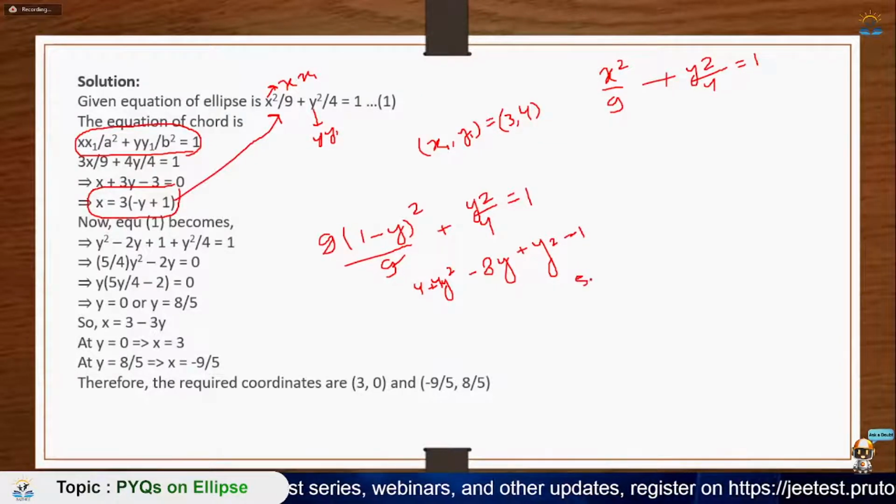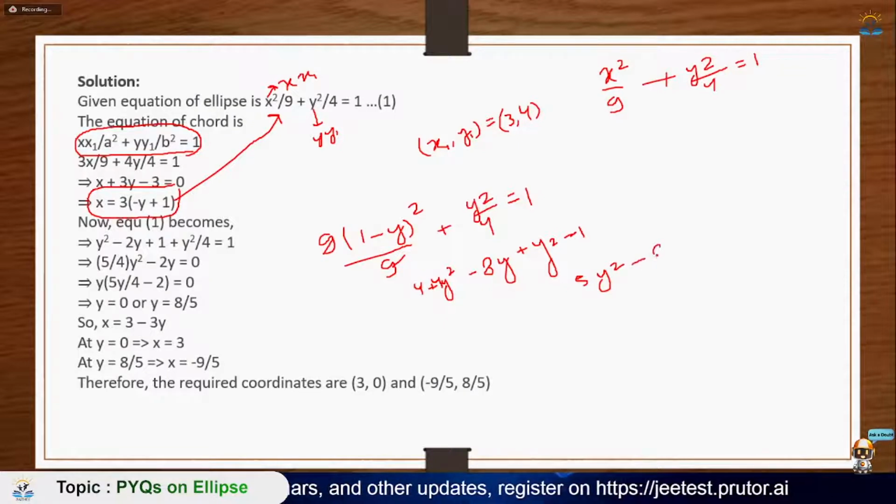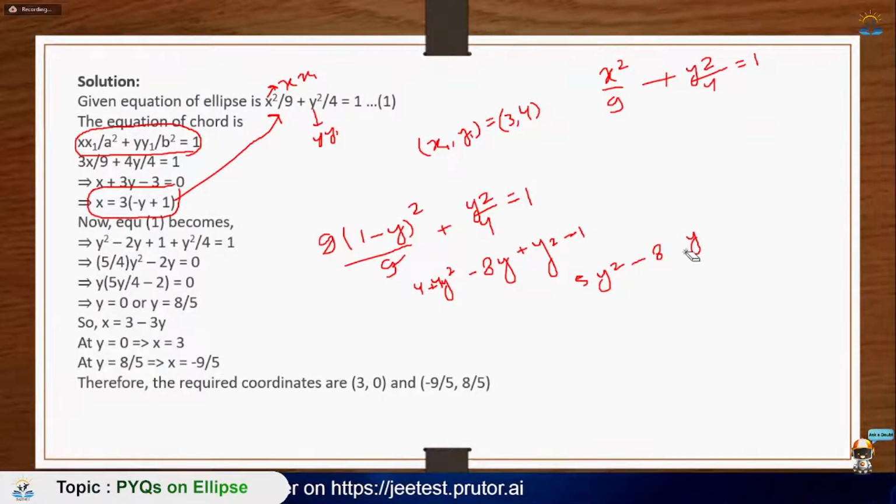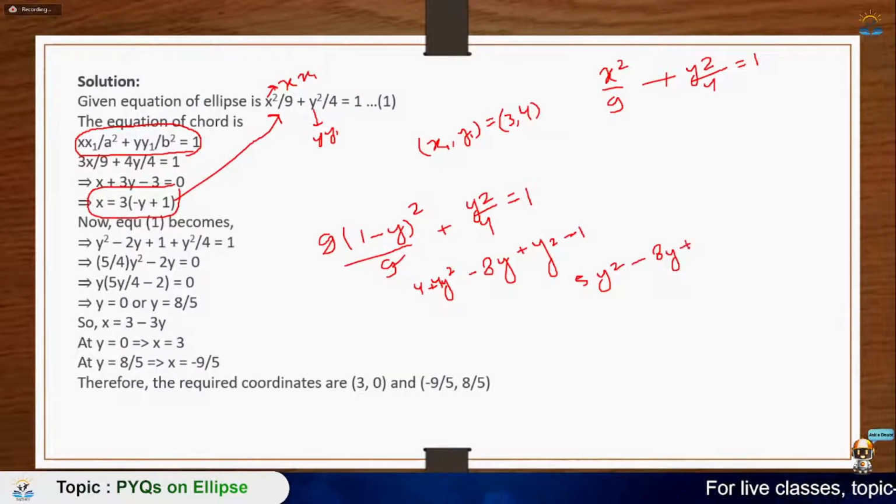So 5y square minus 8y plus 3 equal to 0.